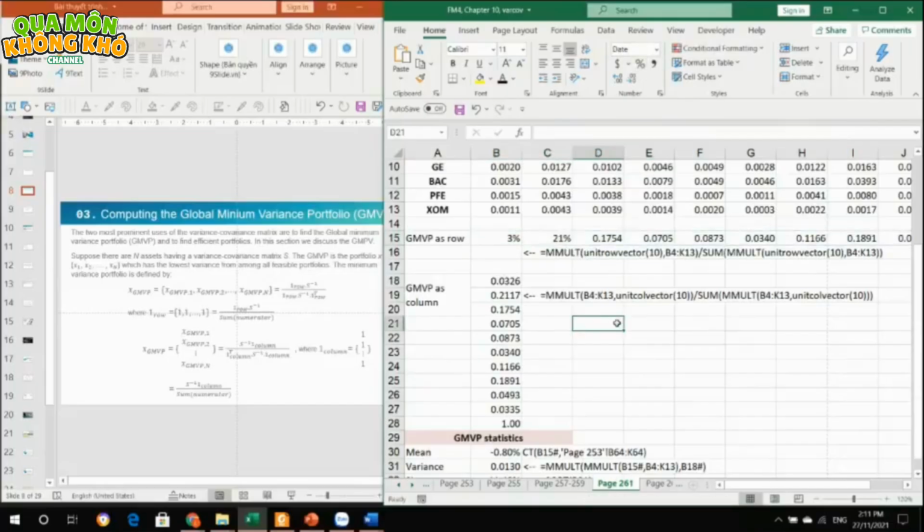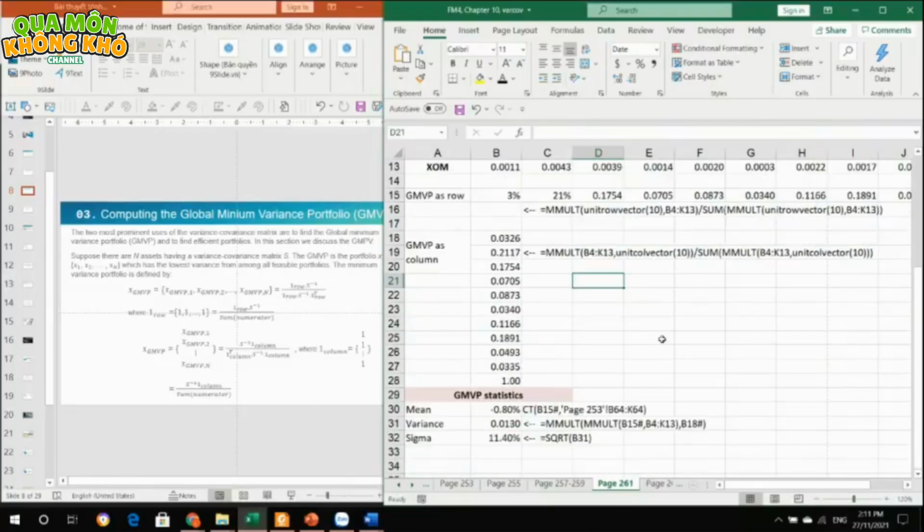That's the proportion of each stock you decide to invest in your portfolio. Because when you change the allocation, the mean return and the variance of the portfolio will change.